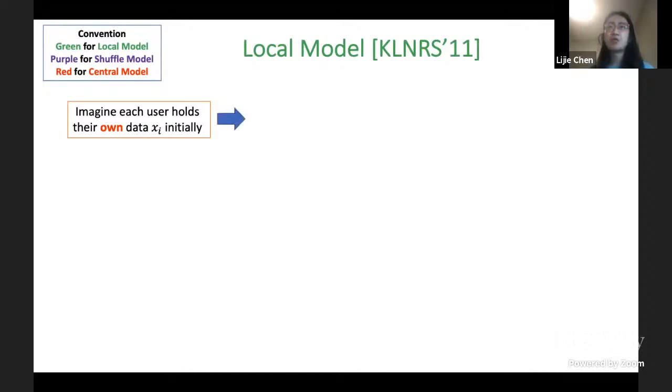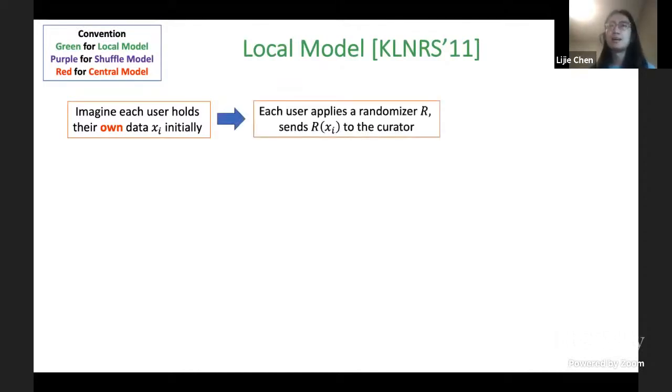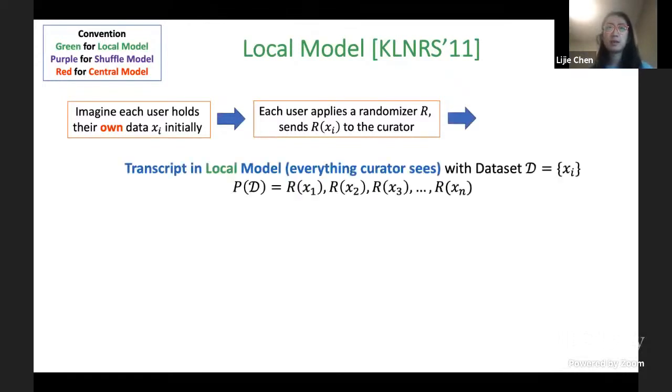Instead of sending their raw data to the curator, they first apply a randomizer R on their data xi, and then send the output of the randomizer to the curator. We use the transcript to denote everything the curator sees with dataset D. Here, in the local model, the transcript is just a concatenation of all the messages R(x1) to R(xn).